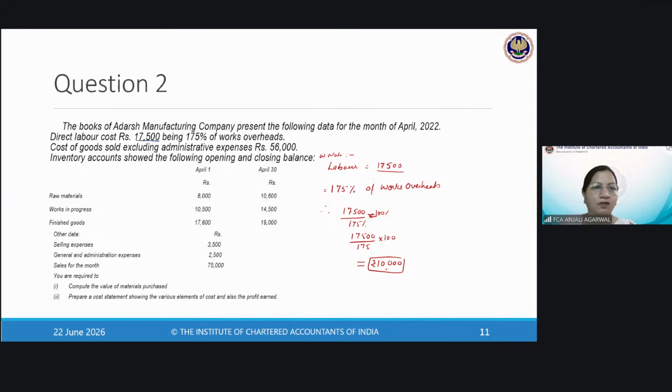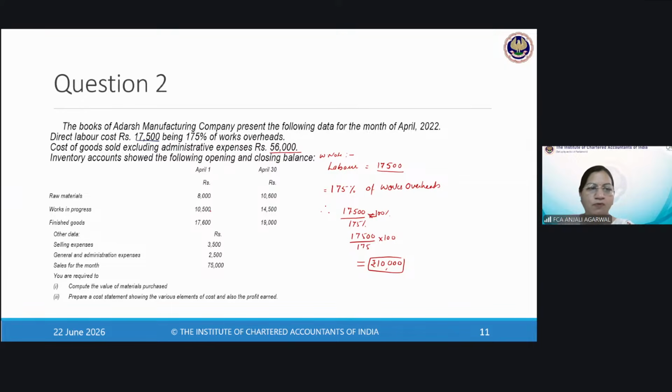Then the cost of goods sold, excluding administration expenses, is 56,000. And you are shown the following inventory accounts. Raw material, opening balance is 8,000, closing balance is 10,600.